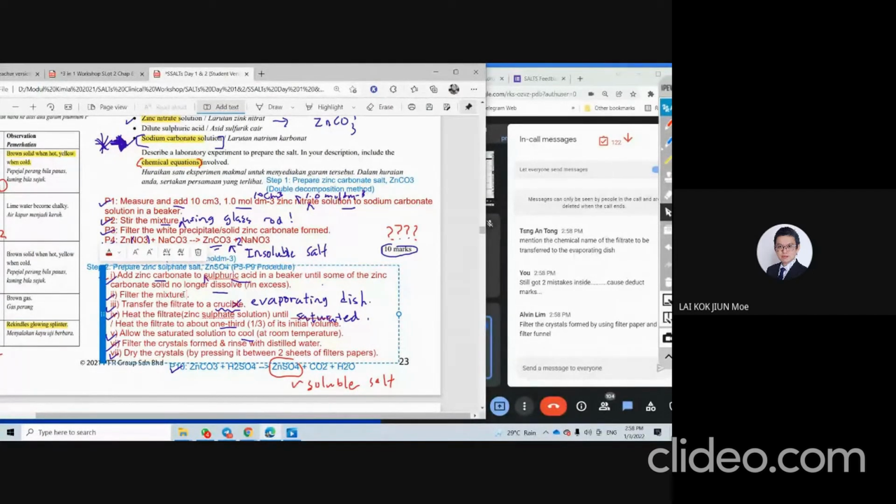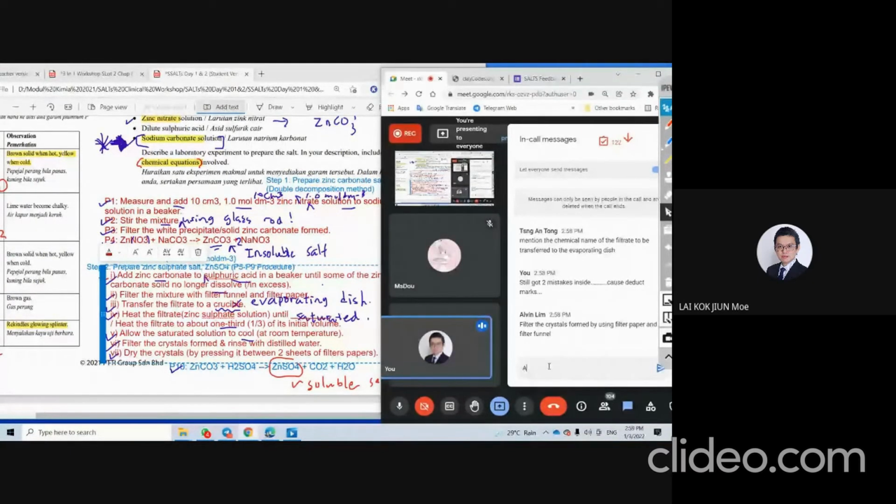Filter the mixture with filter funnel and filter paper. No problem. Filter paper. Okay, you got it, best. Antong is okay. Filtrate means the mixture.